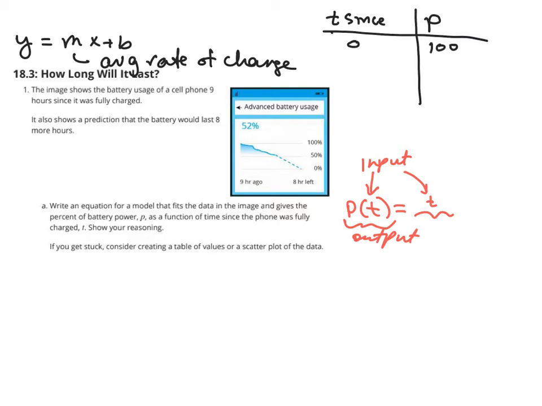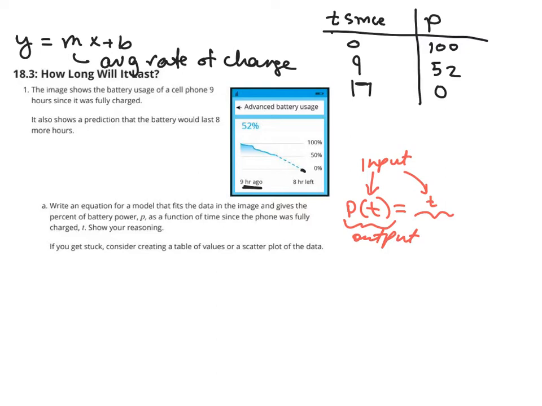And then it says 9 hours ago, so 9 hours since fully charged, we're at 52%. And we're going to get all the way down to 0. 8 hours left, so 8 plus 9 is 17 hours. We get to 0. So in this table, the relationship between the quantities appears to be linear, okay?